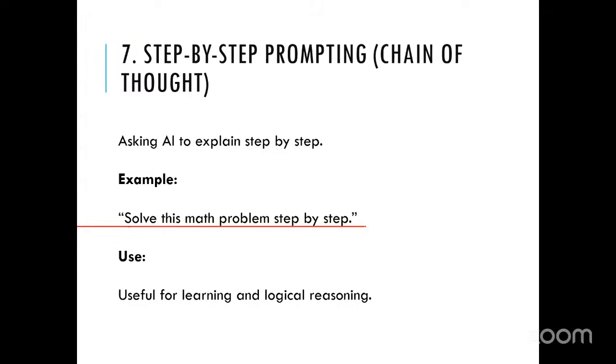But iterative prompting is, first you give one prompt, AI responds to that prompt, but you are not satisfied with that response, so you adjust your prompt. You are making the AI understand better, so you convey what you are actually expecting.